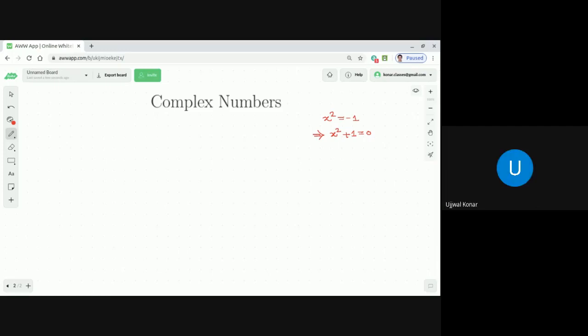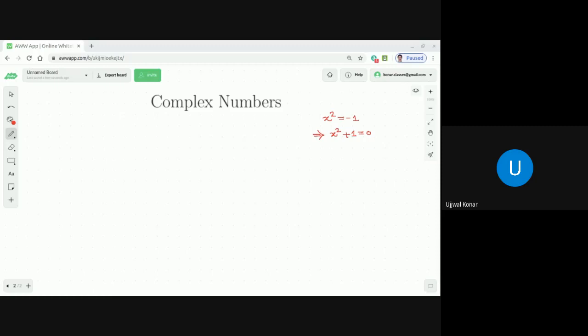So it must have two zeros. It means the polynomial has two zeros, that means the corresponding polynomial equation has two roots. What are those two roots? How to find them? And what are those roots at all? That we are going to discuss.